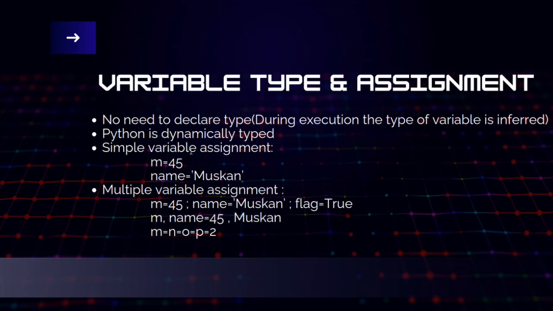Simple variable assignment: here, automatically Python will treat m as integer, and here name as string. Multiple variable assignment: here we use a semicolon, a statement separator, to separate this statement and followed by this.